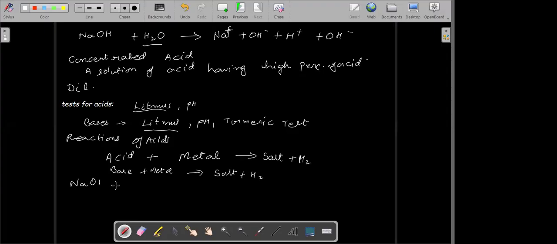Sodium hydroxide combining with aluminium gives us NaAlO2 plus hydrogen gas is liberated. All right.